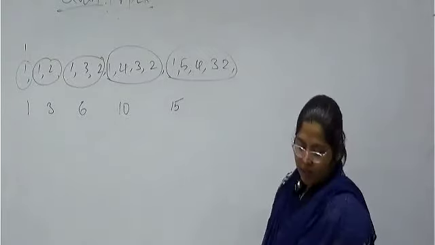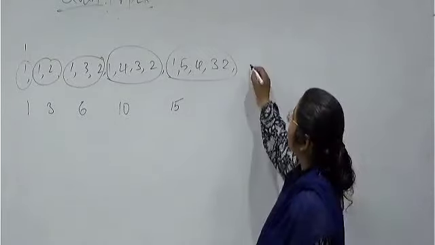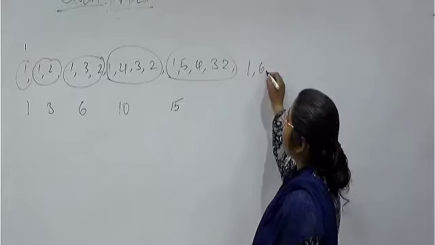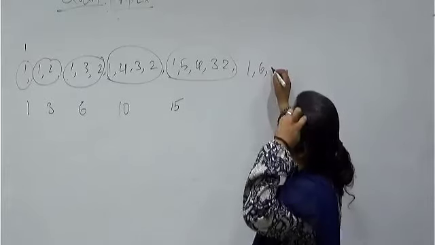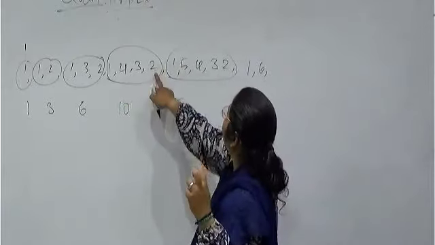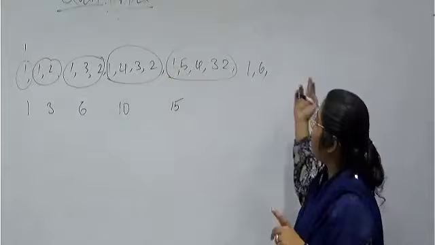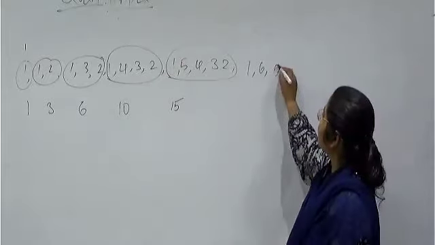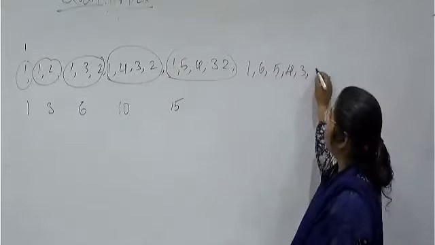Yes or no? Like this the next set is what? 1, 6, where 5 is becoming 6... 4 is becoming 5, 3 is becoming 4, 2 is becoming 3. Like that it can be 1, 6, 5, 4, 3, 2.